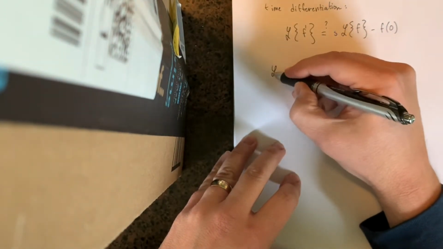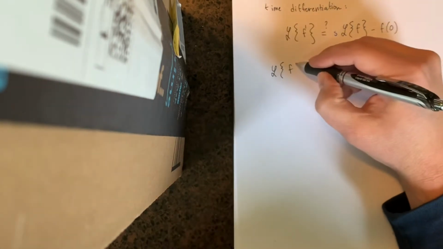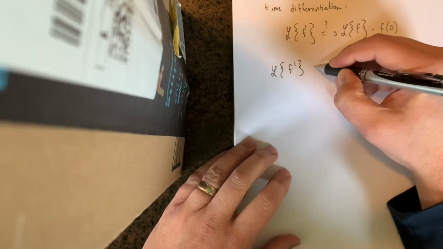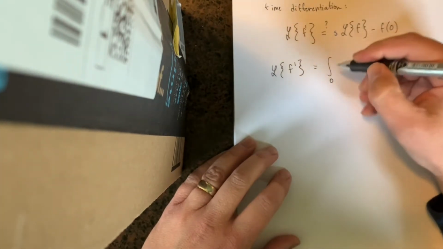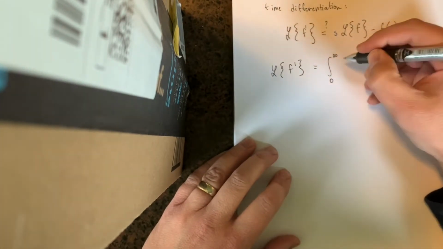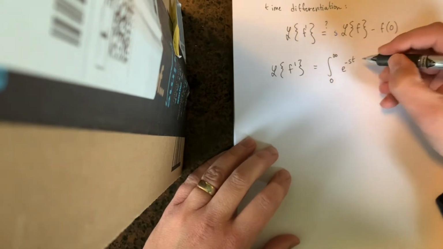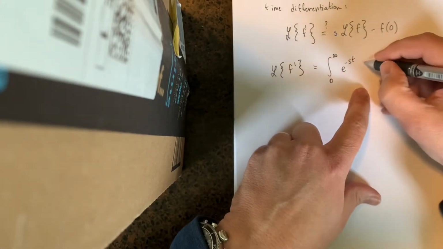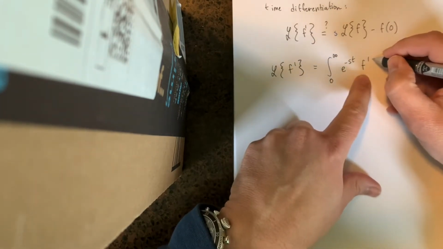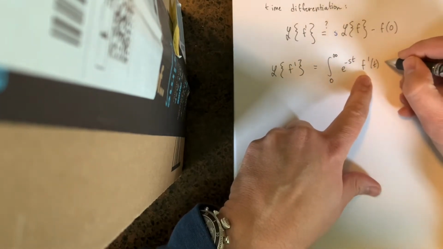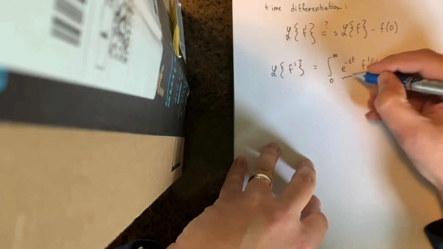If I look at the definition, the Laplace transform of f prime is the integral from 0 to infinity, by definition, of e to the minus st, the kernel function, and then let's put the f prime of t over here, dt. Now, this is integration by parts.